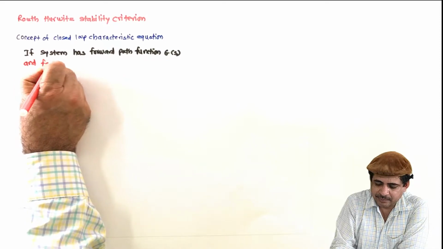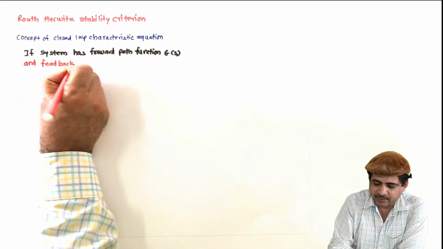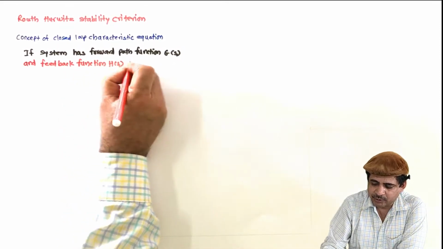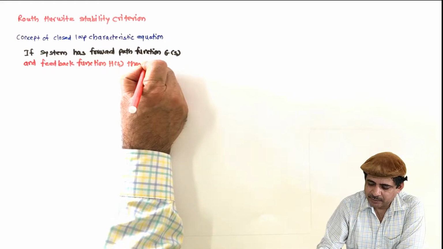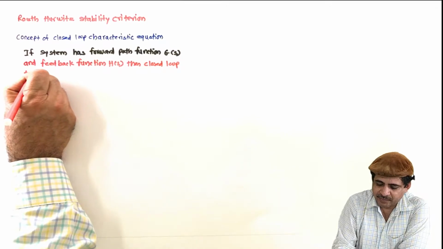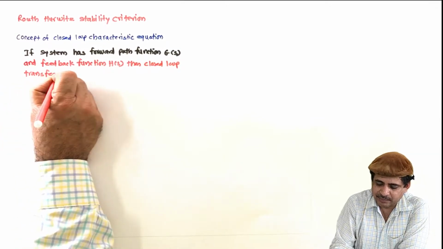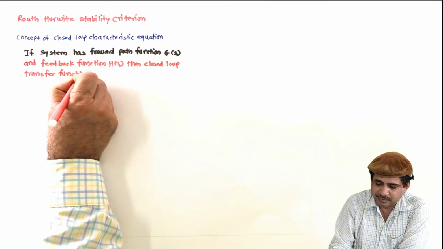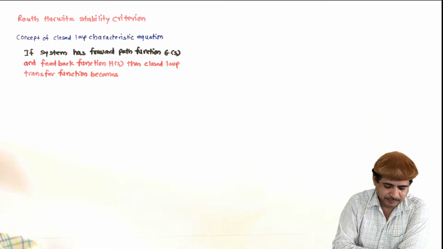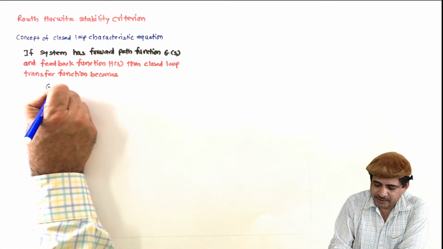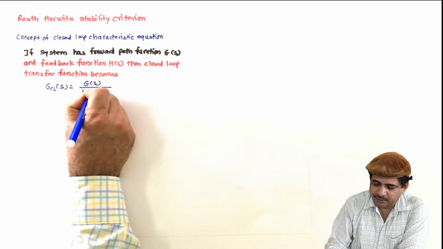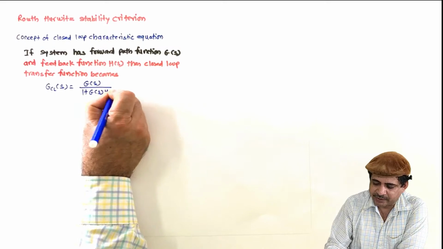and feedback function H(s), then the closed loop transfer function becomes G_CL(s) equal to G(s) upon 1 plus G(s) into H(s).